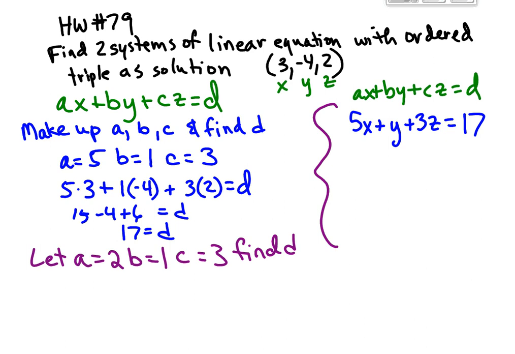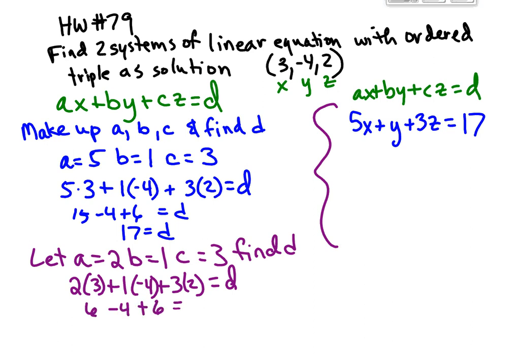And so for this one, it'll be 2 times 3 plus 1 times -4 plus 3 times 2 is equal to D. So 6 minus 4 plus 6 is equal to D. So 8 is equal to D. And that'll give me my second equation in this system, where A is 2, B is 1, C is 3, and D is 8.